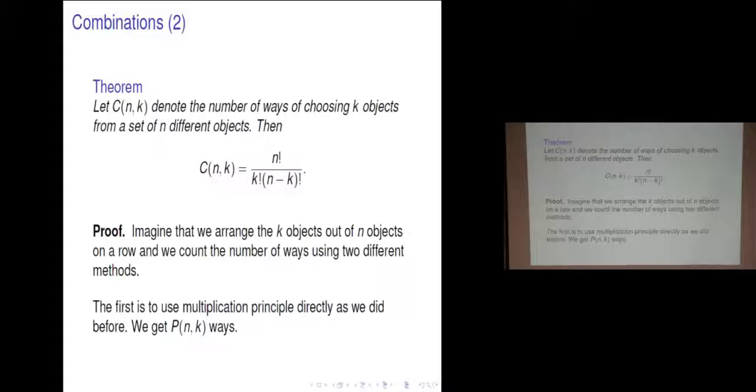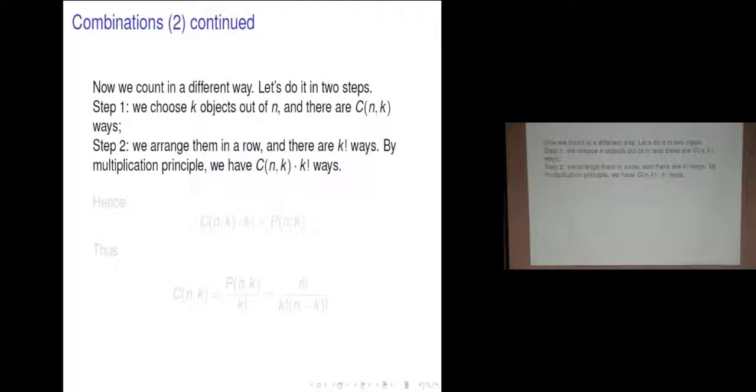Now I want to count it in a different method so that C(n,k) shows up. So let's do it in 2 steps. The first step is we just choose the k objects out of n, so there are C(n,k) ways.